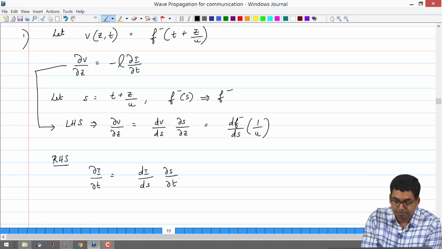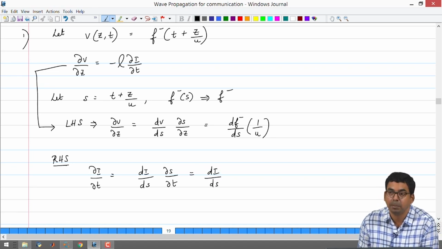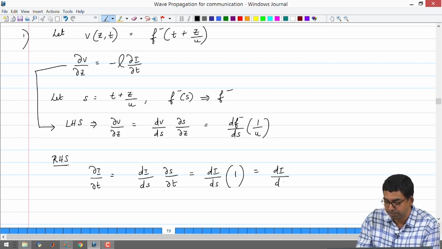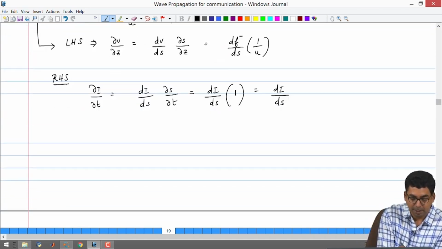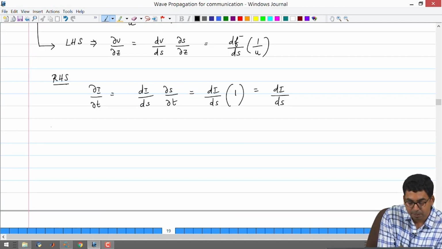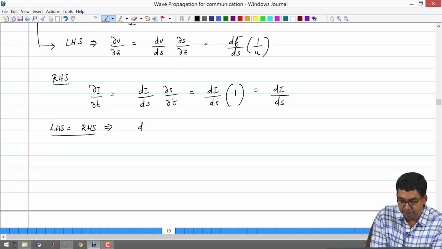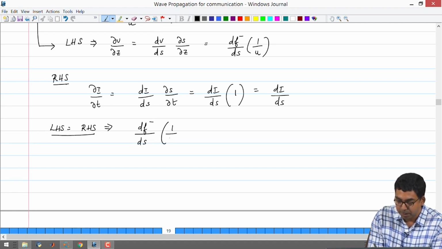With s equal to t plus z by u, dou s by dou t is equal to 1, so multiplied by 1, this is simply di by ds. And the telegrapher's equation says that LHS is equal to RHS, which implies df minus by ds, into 1 by u, is going to be minus L di by ds.